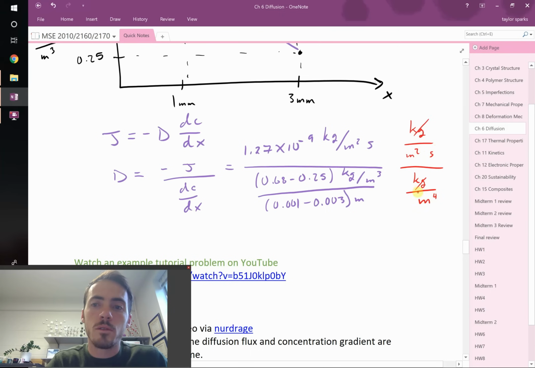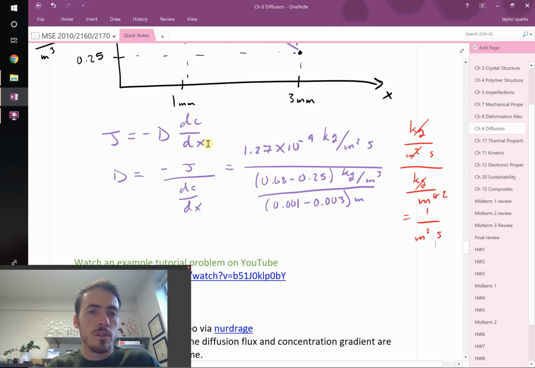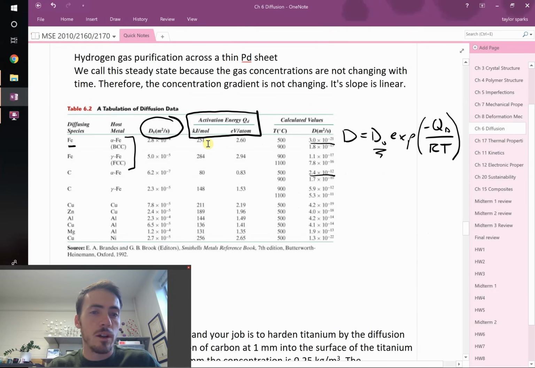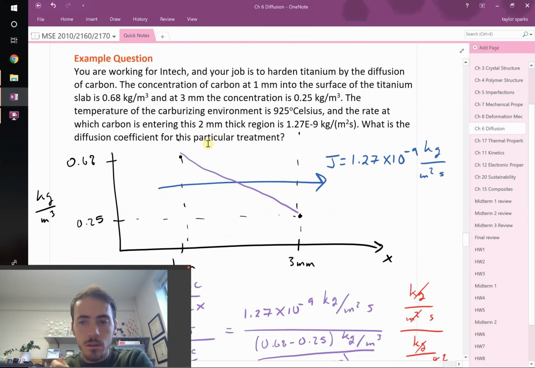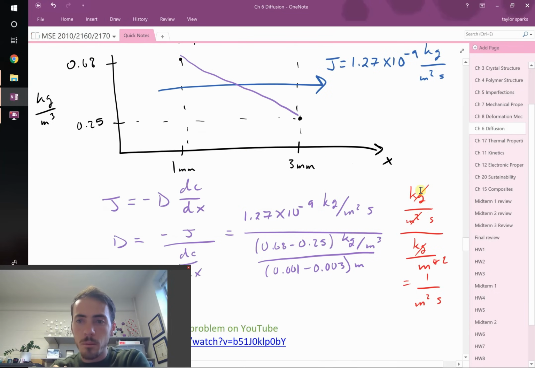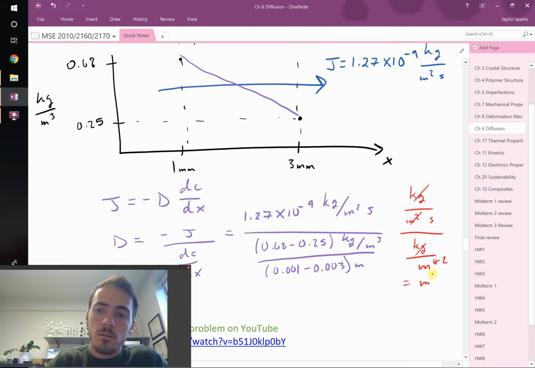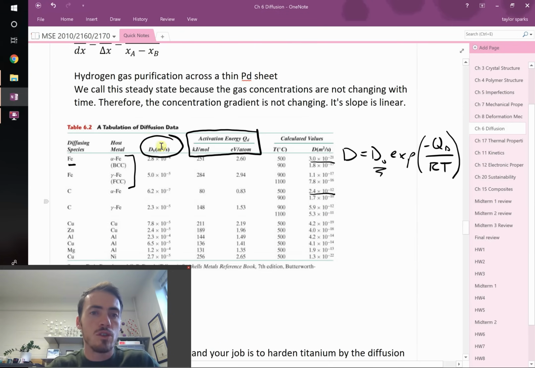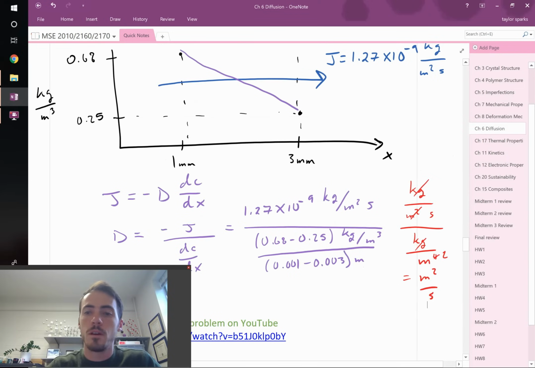So the kilograms are going to cancel. 2 of those will cancel with those, and we're going to end up with 1 over meters squared per second. Oh, I messed that up. Sorry. 1 over seconds divided by 1 over meters squared. That should be meters squared per second, which is the correct units, which we double checked from our table. So double check your algebra.